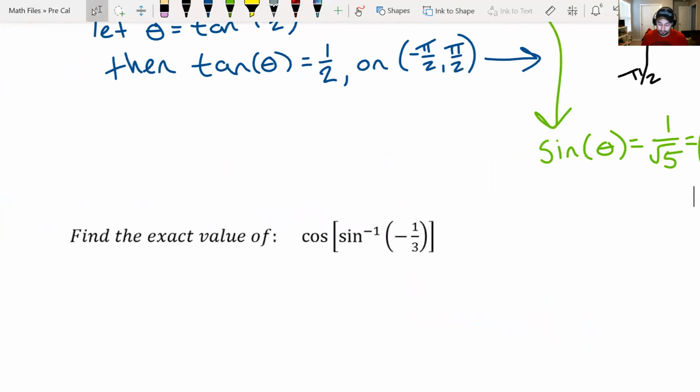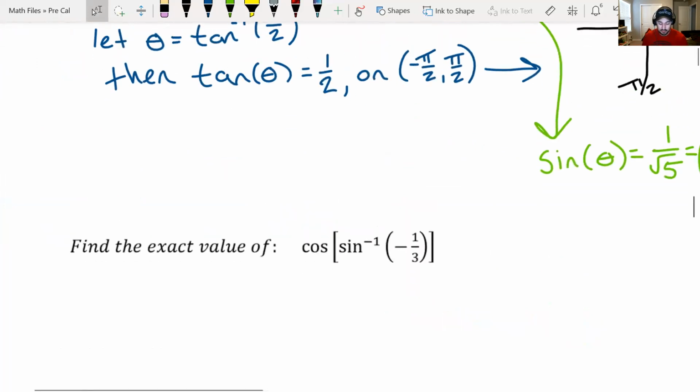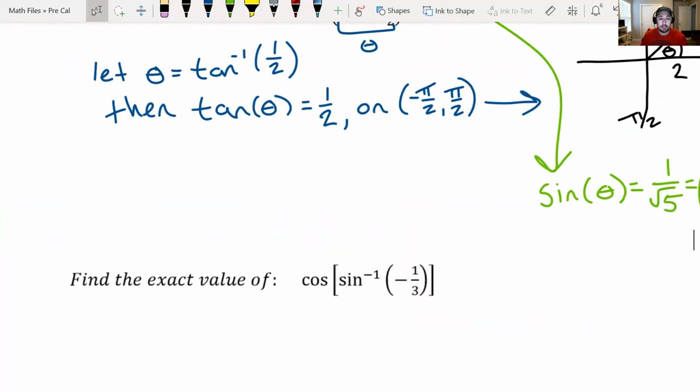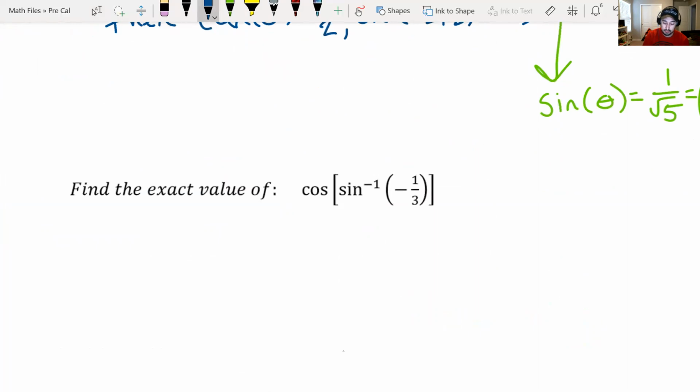Okay. Let's try it again. So find cosine of the inverse sine of -1/3. Once again, let all of this inside equal theta. Theta is going to contain all that information. Okay. All right.